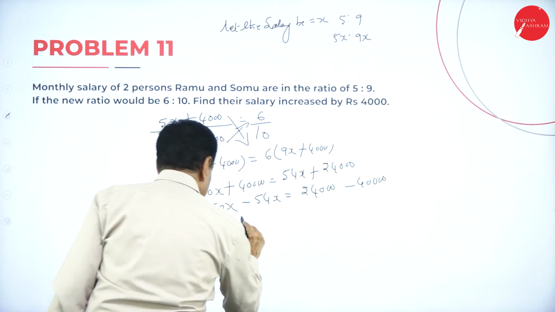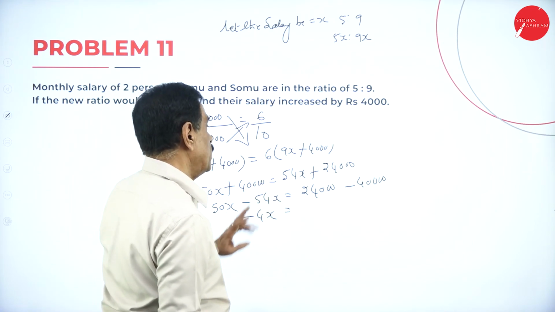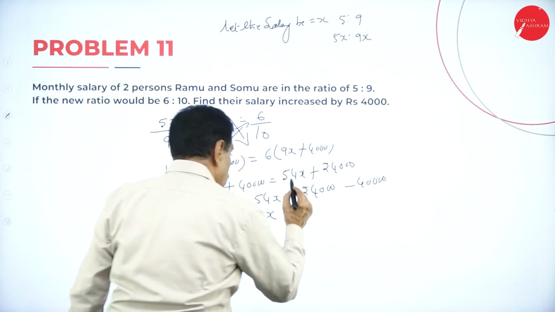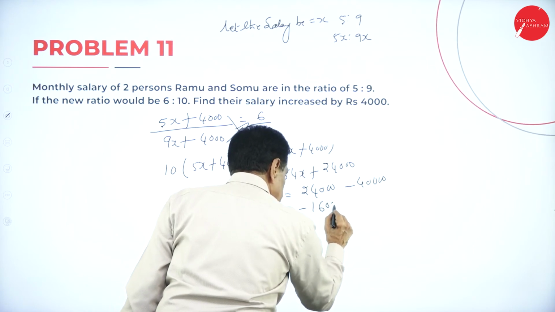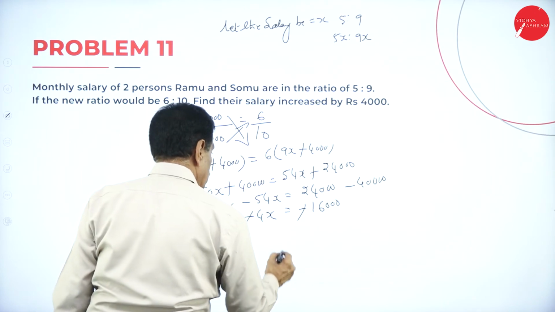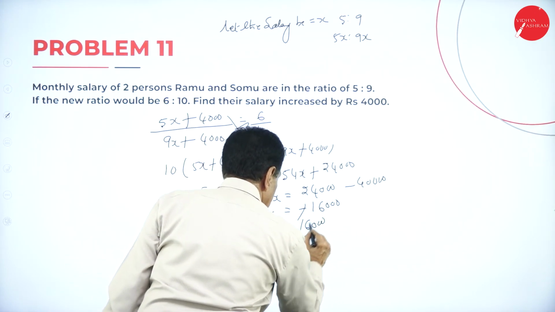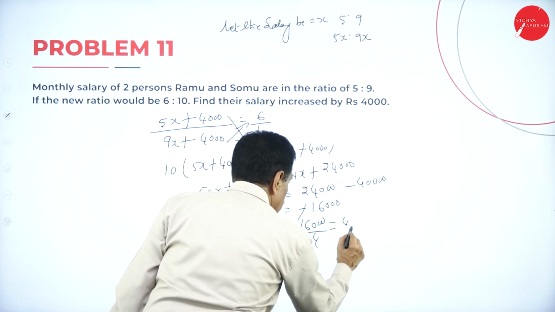This is minus 4x. 40,000 minus 24 means minus 16,000. Cancel the minus. X is equal to 16,000 divided by 4,000.